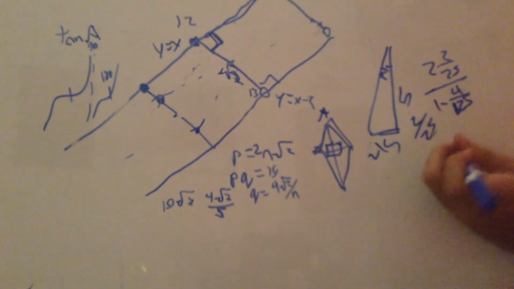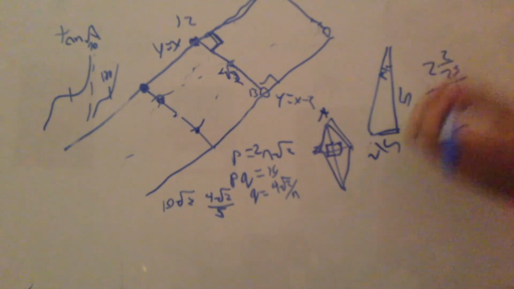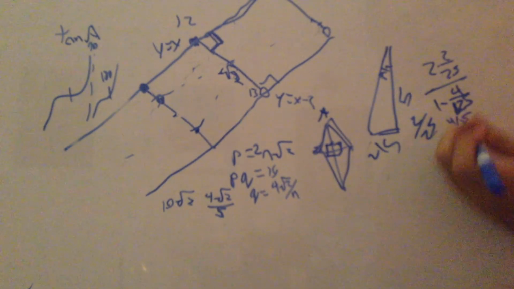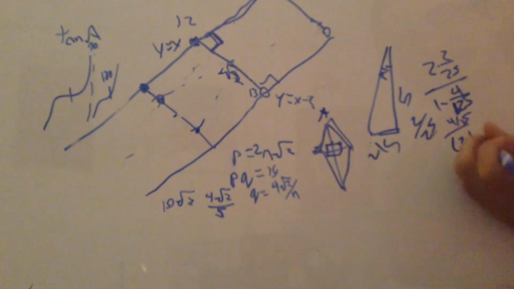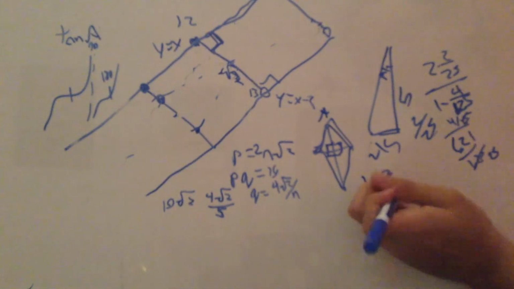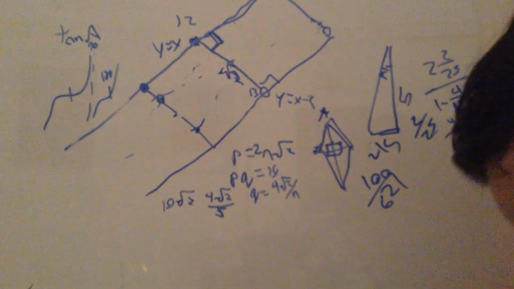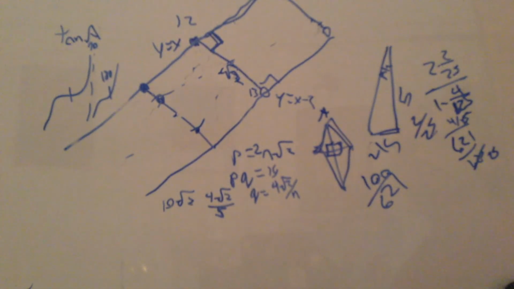That gives us 621 over 625, and on top we have 4 over 25. 4 times 25, because this is 25 squared, so we cancel it, move 25 to the top, 100 over 621, and with less than 10 seconds left, we do get it right.